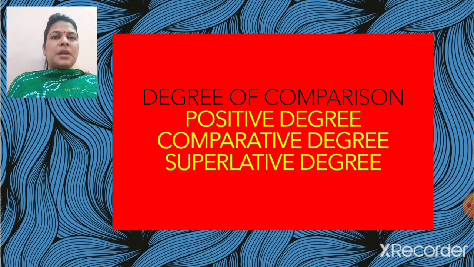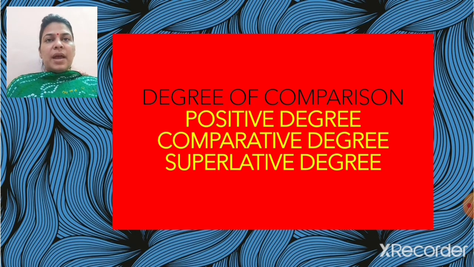Remember, adjectives also have three forms according to the comparison we make. When we are not comparing anybody, whether it is a person or thing, we use the positive degree of adjective.